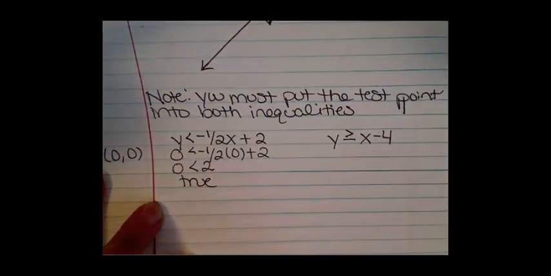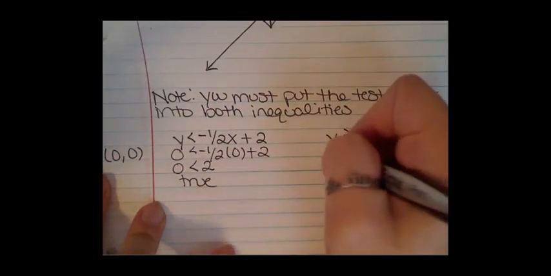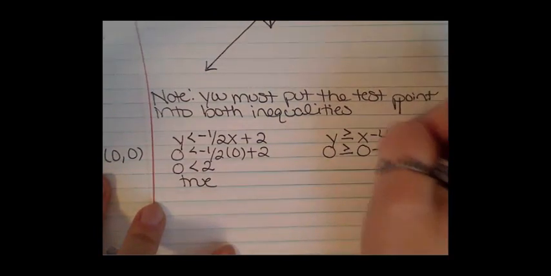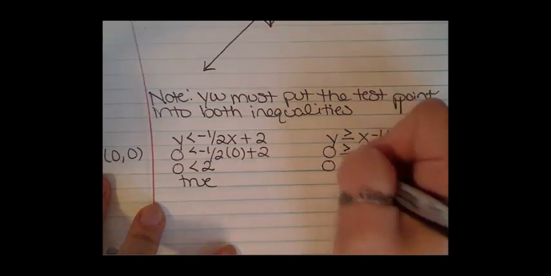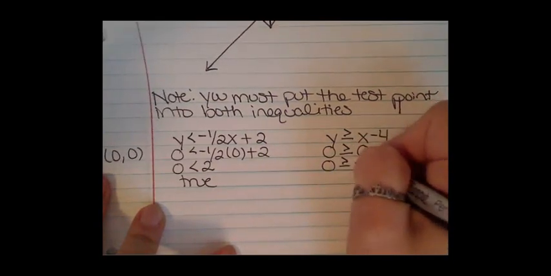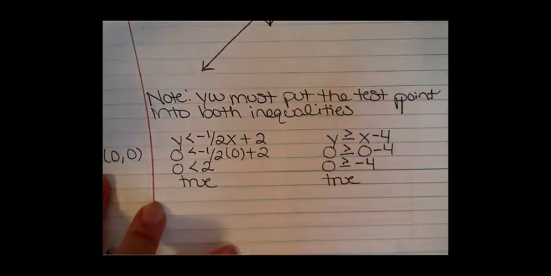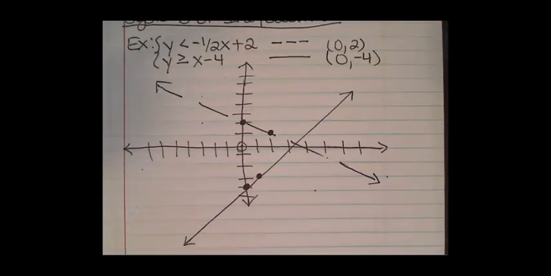We have 0 is greater than or equal to 0 minus 4. So 0 is greater than or equal to negative 4. Look at that, we lucked out. That is a true statement. So right there, we know that whichever part the 0, 0 is in, that's where we're shading. So that means we would only shade that section.